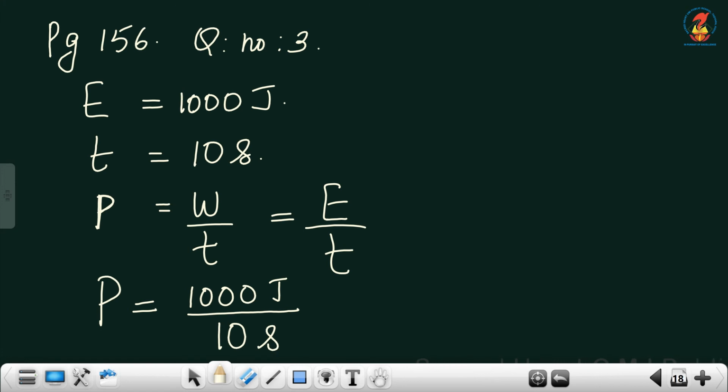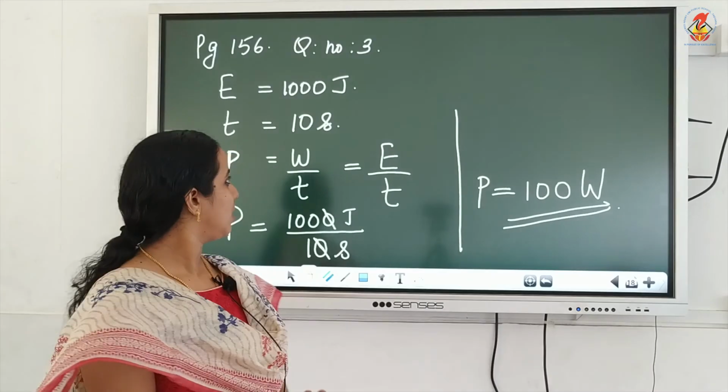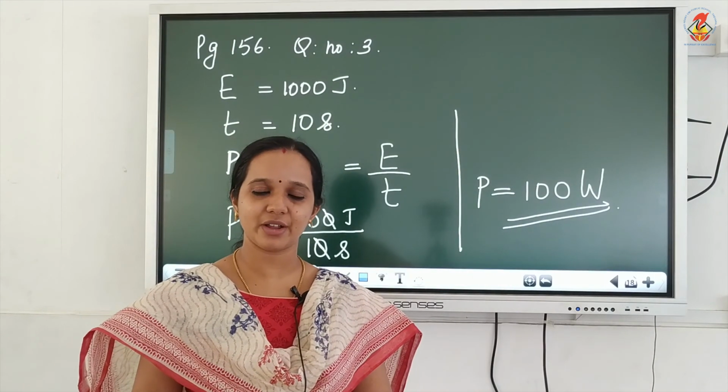So, instead of E substitute 1000 joules, instead of T substitute 10 seconds, which is given in the question. So, we get power as 0 and 0 gets cancelled off. So, power is 100. SI unit of power is watt. So, power is 100 watts. Hope the formula is clear now.